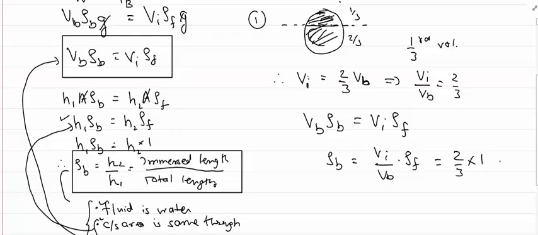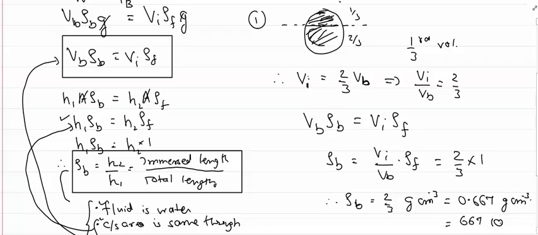You could take 1000 kg per meter cube as well. So density of the body will be 2 upon 3 grams per centimeter cube, which will be equal to 0.667 grams per centimeter cube. Or if you multiply it by 1000, you would get 667 kg per meter cube.